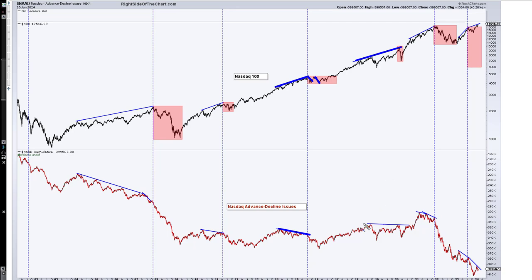There was divergence leading up to COVID. That's the Q4 drop. Yeah, that was COVID, I'm sorry. As I said, COVID, technically speaking, wasn't a random event. It will go down in history as a black swan. But the markets were indicating that whether COVID hit or not, we were going to have a bear market.